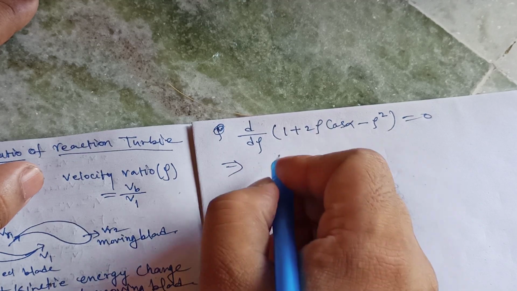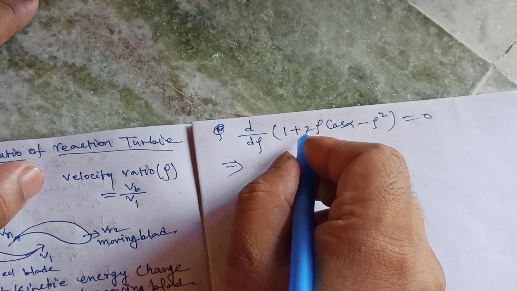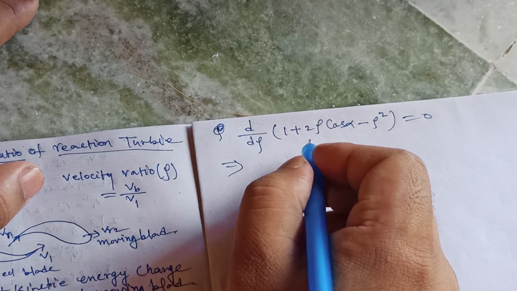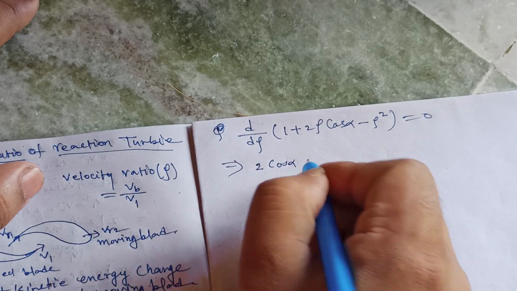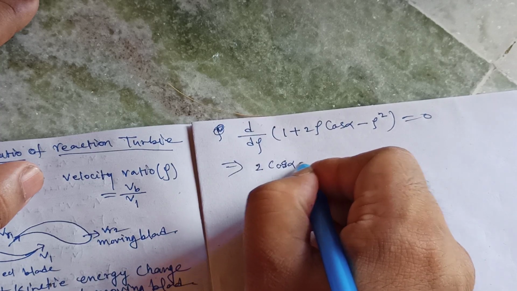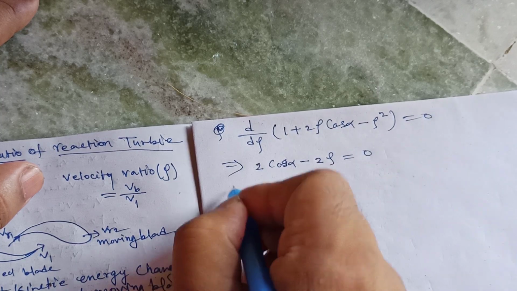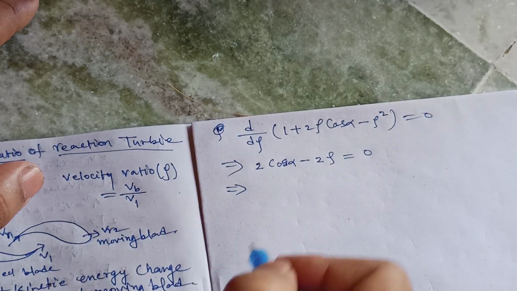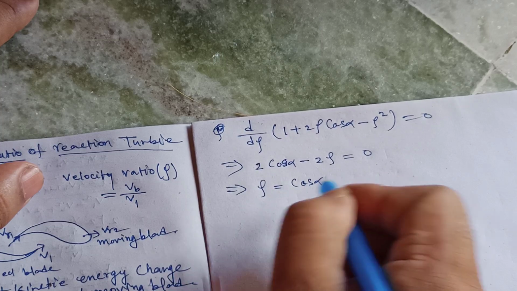This gives 2 cos alpha minus 2 rho equals 0, which means rho equals cos alpha.